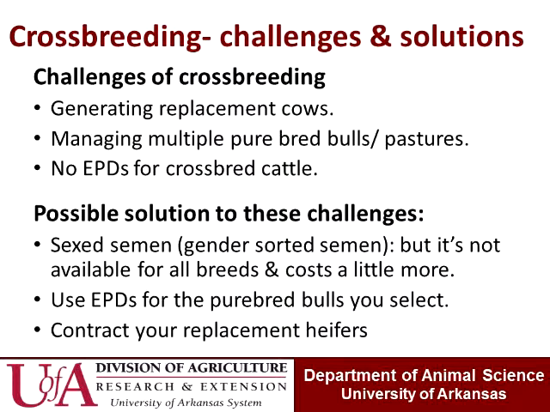Some possible solutions: I mentioned before sex semen, or some people call it gender sorted semen. But it's not available for all breeds. It can cost a little bit more. Sometimes people claim the fertility is a little bit less on it, but I think that's mostly an issue if you're ever doing embryo transfer work. You can use EPDs for the purebred bulls, so when you're picking out your parents to make the crossbreds, you can still use that information to select animals for the best traits that you're interested in, or use a selection index to pick those purebred bulls.